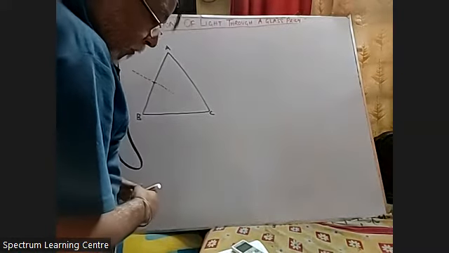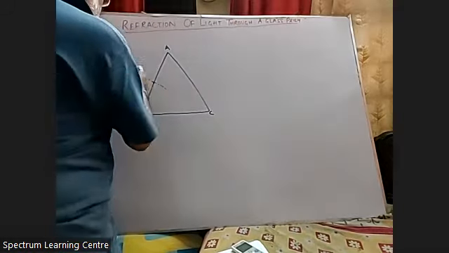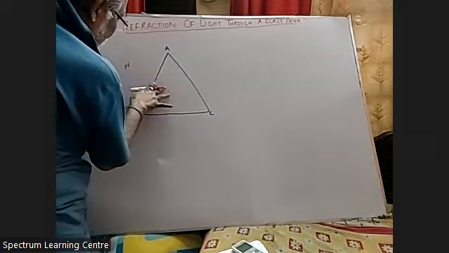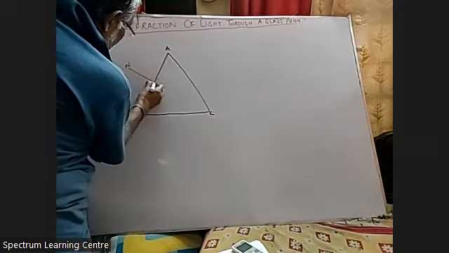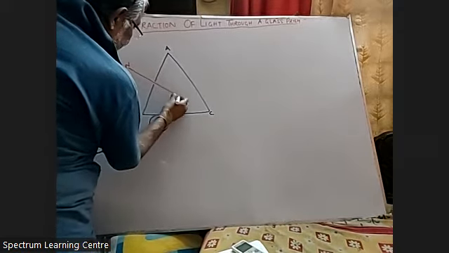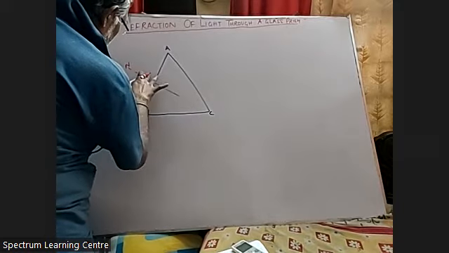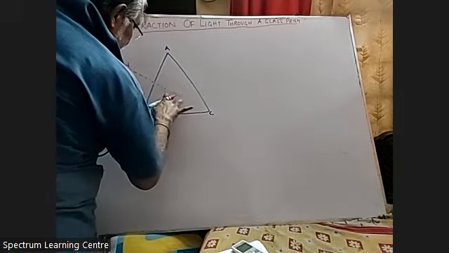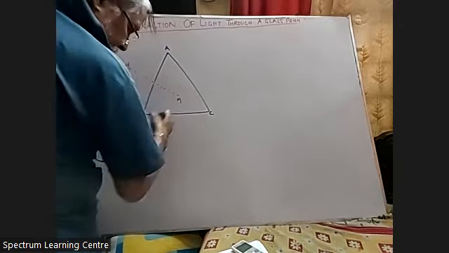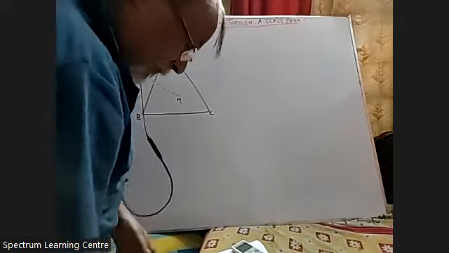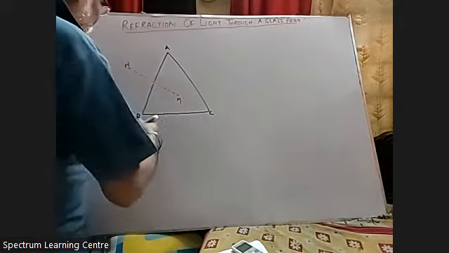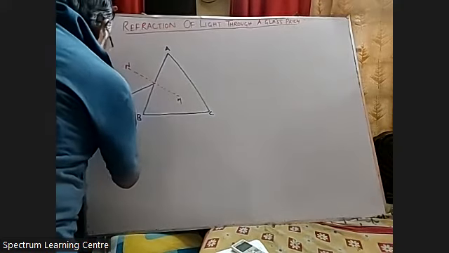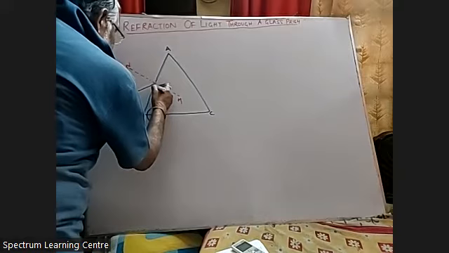And this normal is NM. Clear? Now suppose a ray PQ.